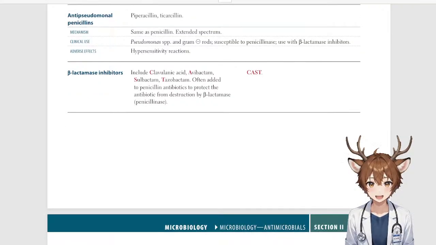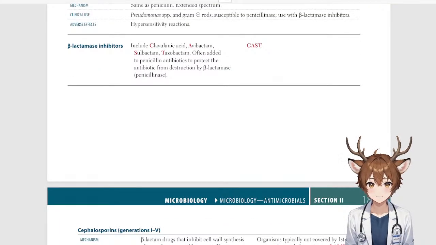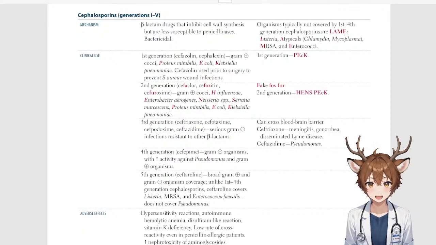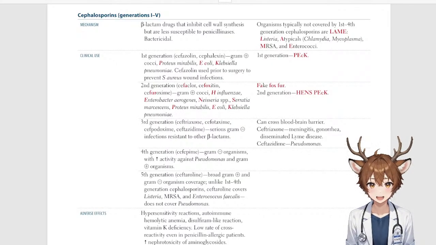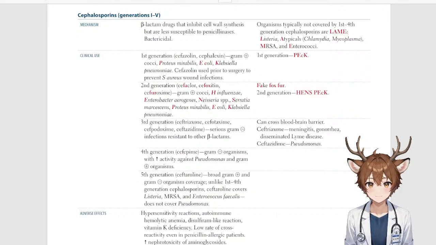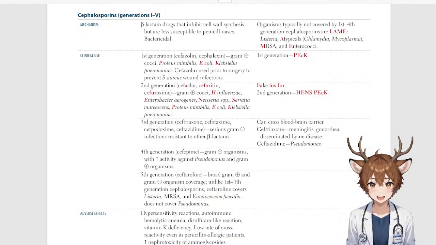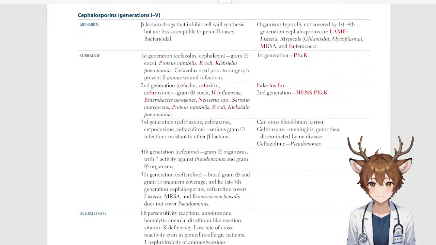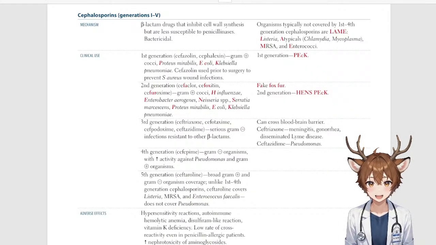What about cephalosporins? Cephalosporins, right here, 1 through 4. These are a little bit more heavy duty overall, and they have their own classification system. Mechanism: beta-lactam that inhibits cell wall synthesis, but less susceptible to penicillinases. They are bactericidal.